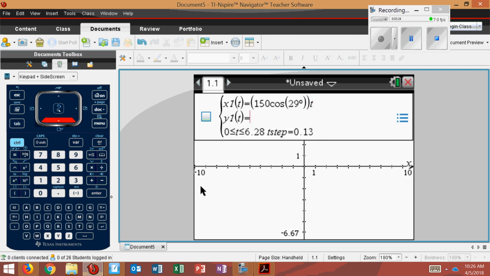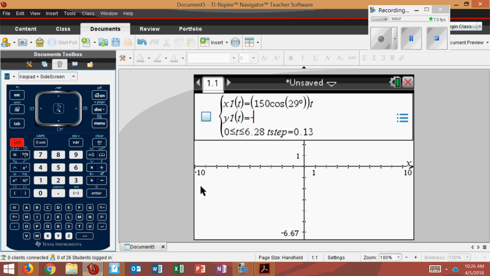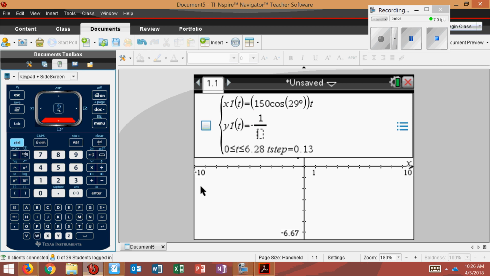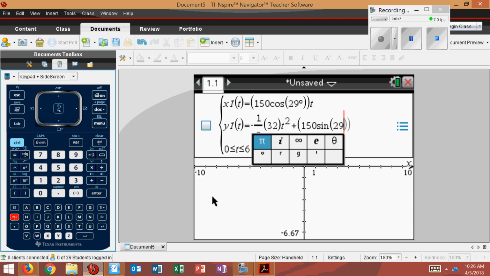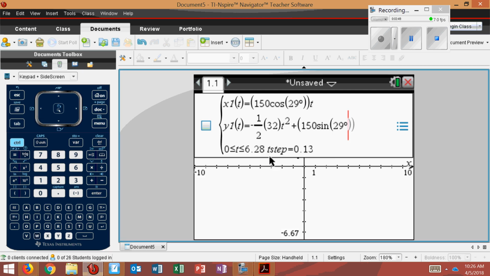And for the y, it was -1/2 32 t squared plus parentheses 150 sine of, I'm sorry, of 29 degrees again. And put the t on the outside, and it was +0, or you can just leave it. I don't know how long it's going to be in the air, but I know it's not going to have negative time. So I'll just leave that as is.